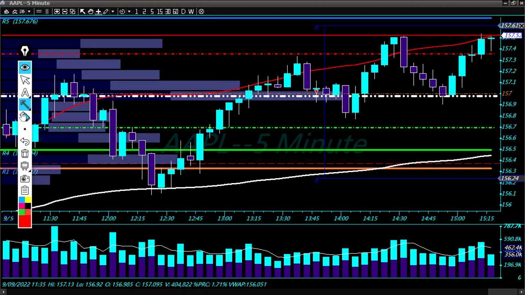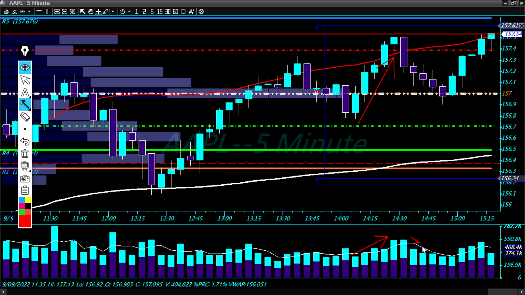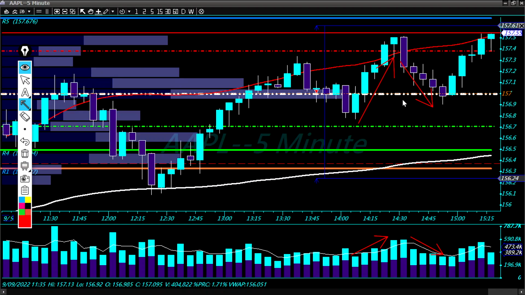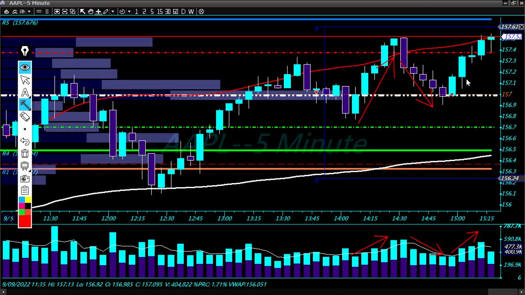Looking at this volume right here, everything is looking good for bullish action. Volume is moving up while we're moving up. Volume is falling away while price is dropping. So yeah, I think I'm gonna get stopped out right now. See, volume is moving up, we're moving up.